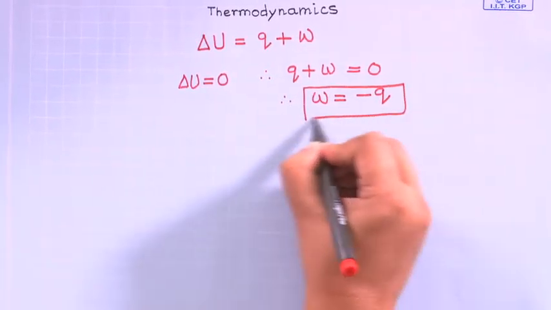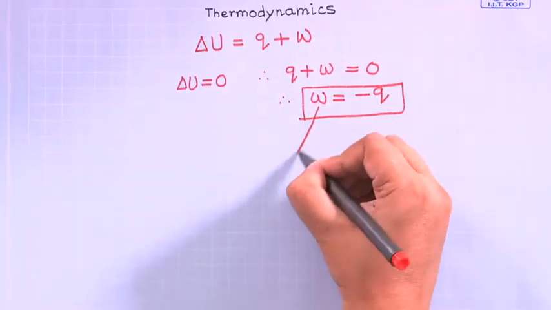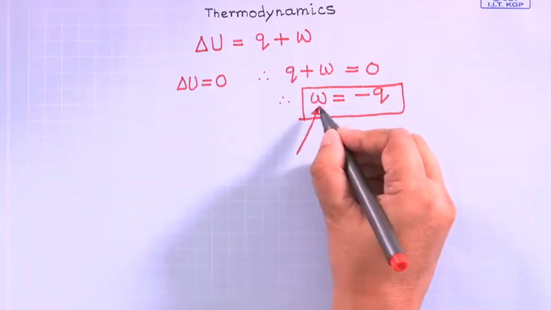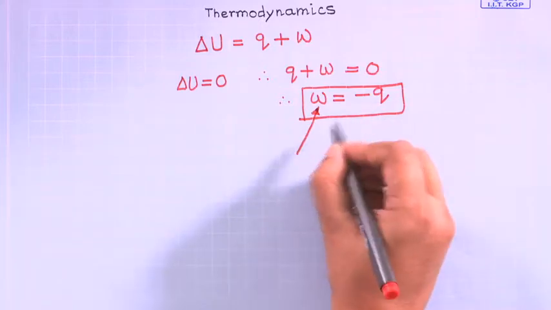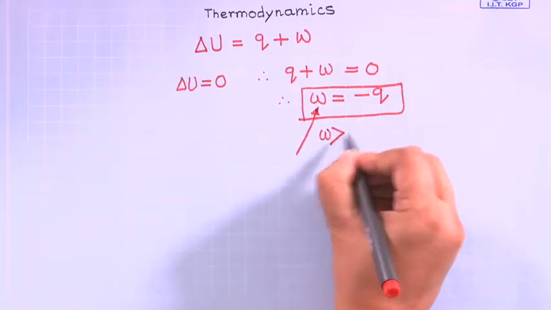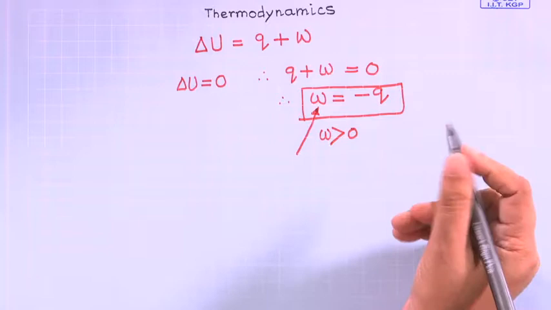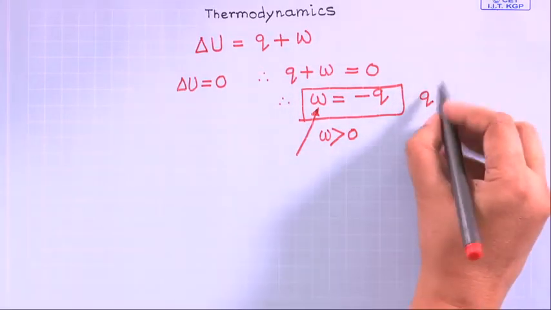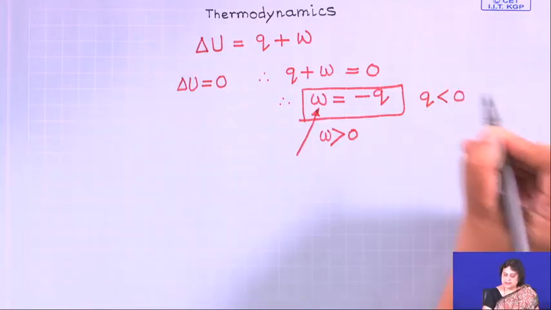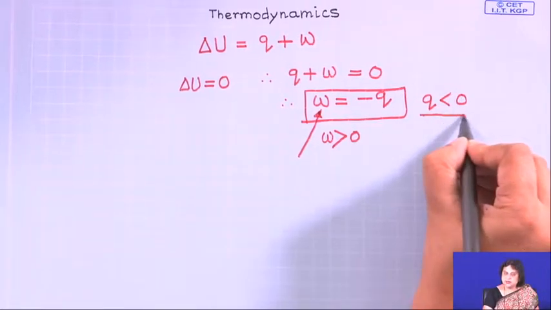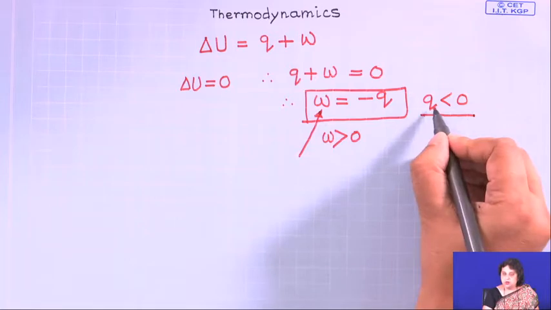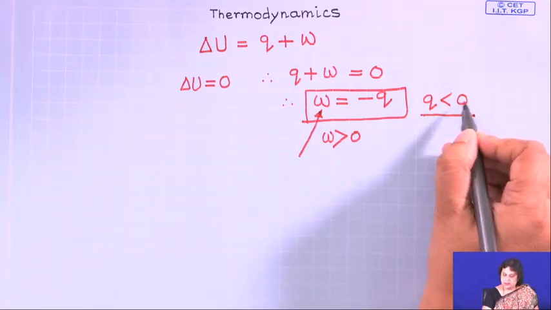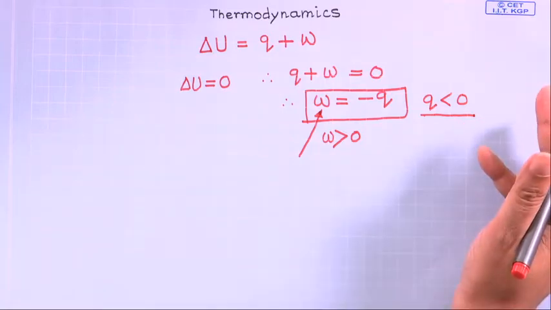Now, this means that if I am doing work on the gas, then W is greater than 0 by the sign convention I introduced in the last class, and correspondingly Q must be less than 0. Now, what does this correspond to? Q less than 0 corresponds to the heat lost by the system.